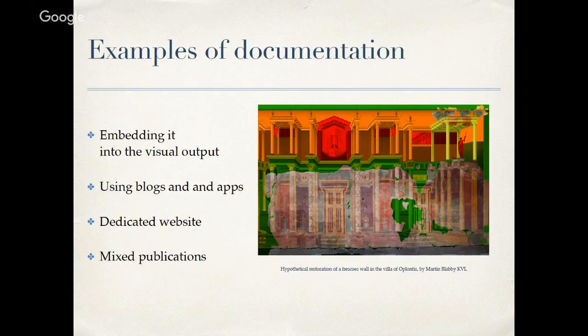Or we could produce appendices, other digital products that go with our model. We could develop a dedicated website. We could publish our model with a printed traditional documentation of it. There are various strategies, and the fact that there isn't a standard shouldn't discourage us from trying.